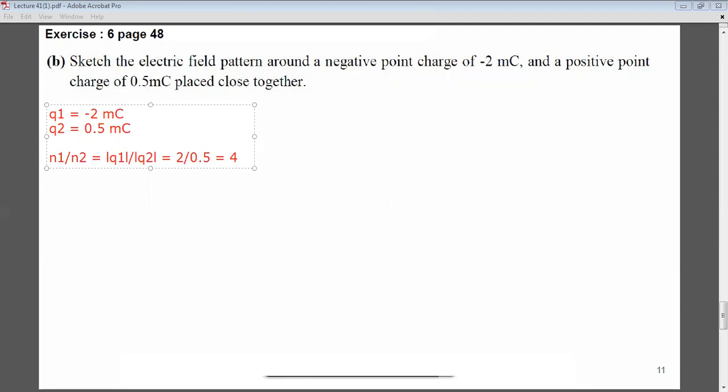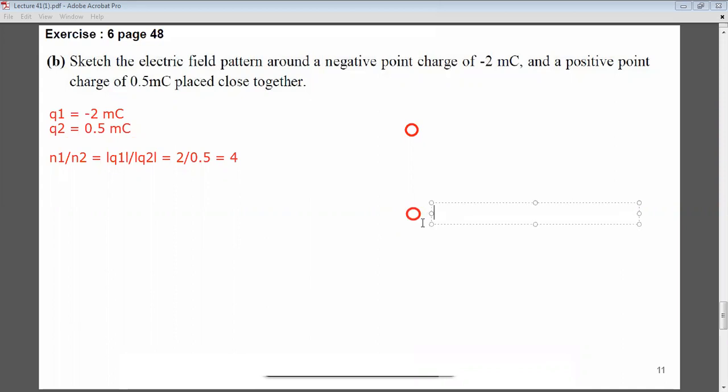So I will choose any pattern I want, such that there are 4 times as many lines entering Q1 as leaving Q2.